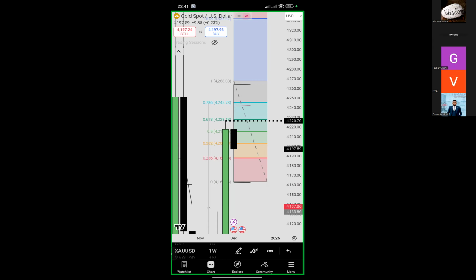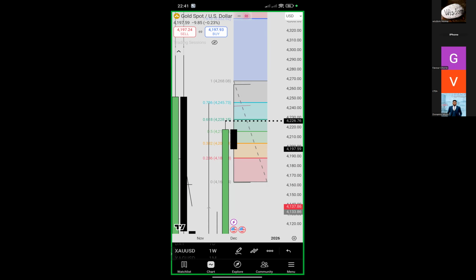So this is how we expect and watch out for price to buy into those areas and look for reaction for a selling opportunity to the downside. Where will you target first? The low of that black candle.